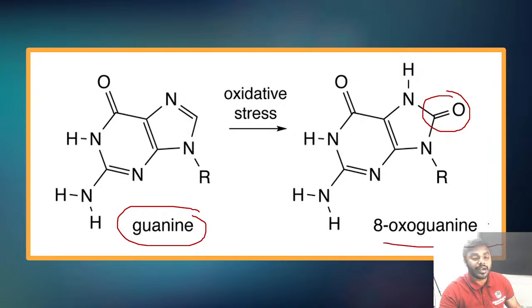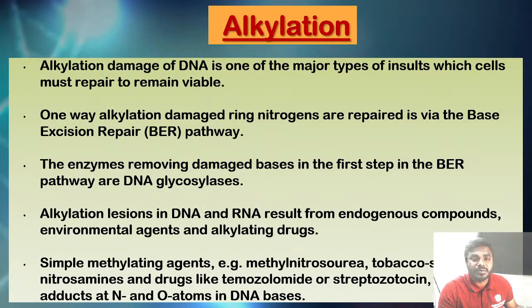This is what we call 8-oxoguanine. I also told all of you, 8-oxoguanine will cause a powerful mutation which leads to the damage of the DNA very quickly when compared to all other types of repairs or damages.